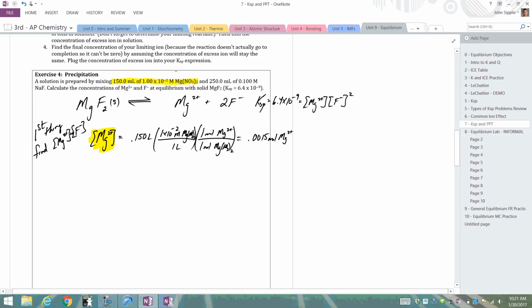Okay, what's our new volume for this? 150 plus 250, what is that? 400 milliliters, right? So we divide this by 0.400 liters, and we've got 0.00375 molar Mg2 plus.